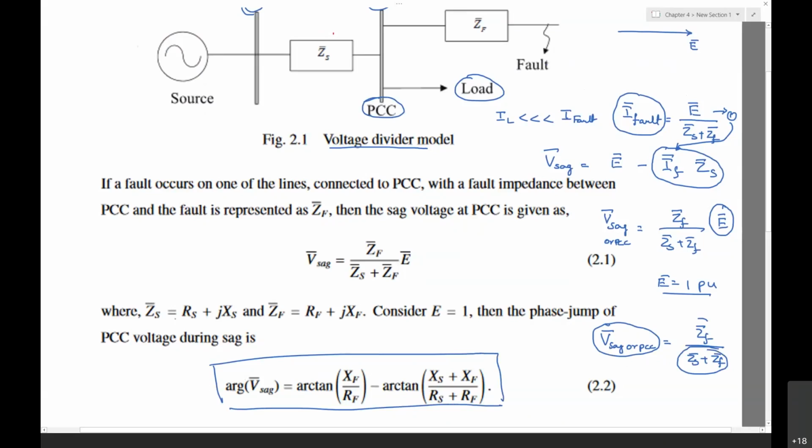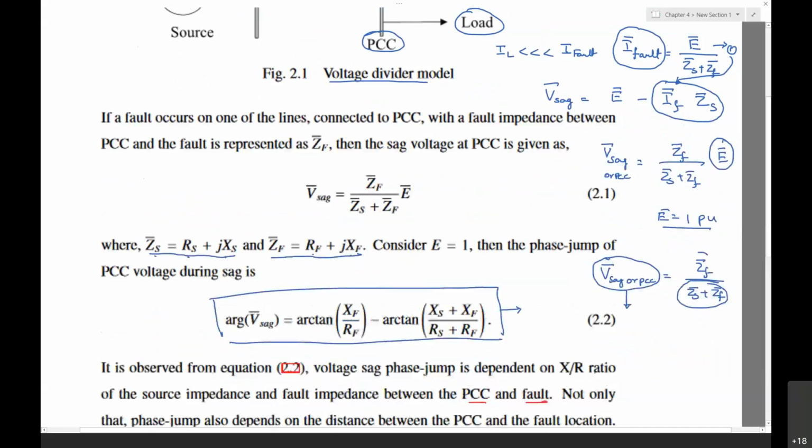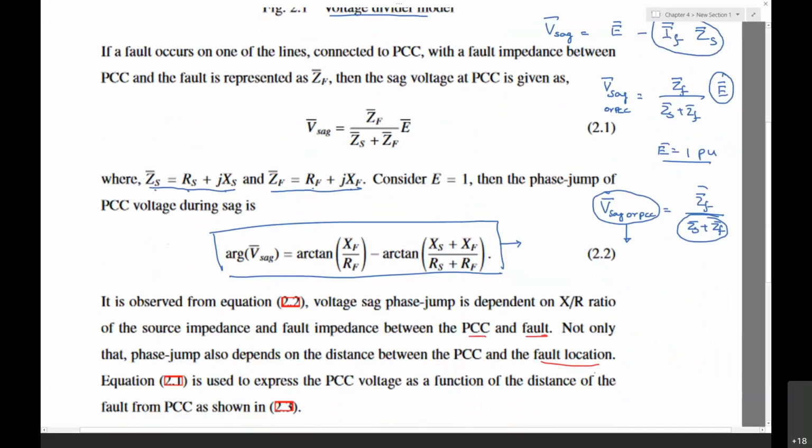ZS is the source impedance, whereas ZF is the fault impedance, RF plus jXF. The ZS has RS plus jXS. Then in this equation, obviously the sag voltage is having the phase jump. That's what I was mentioning about the voltage sag phase jump.